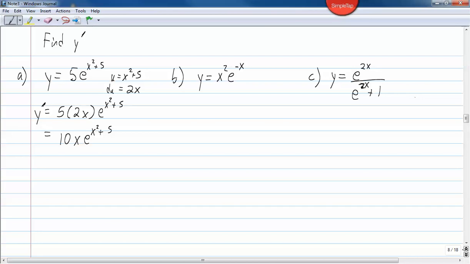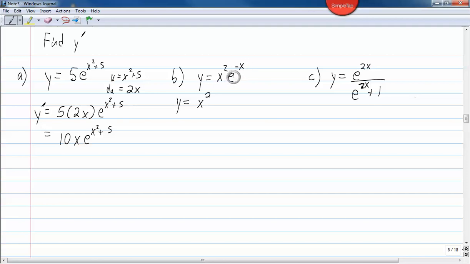Alright, for this second problem here, since I have a product of these two variable functions, you have to say the first times the derivative of the second plus the second times the derivative of the first. So the first is x squared.